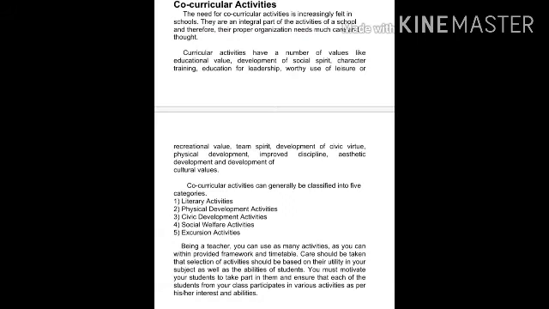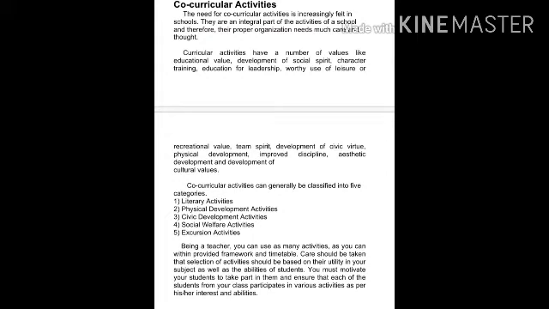Hence, the need for co-curricular activities is increasingly felt in schools. They are an integral part of activities of a school, and therefore their proper organization needs much care and thought.